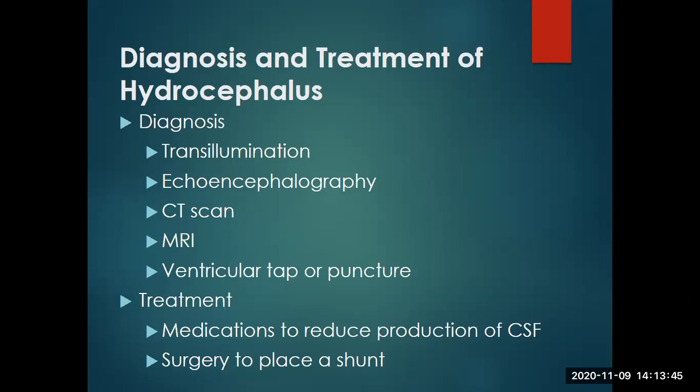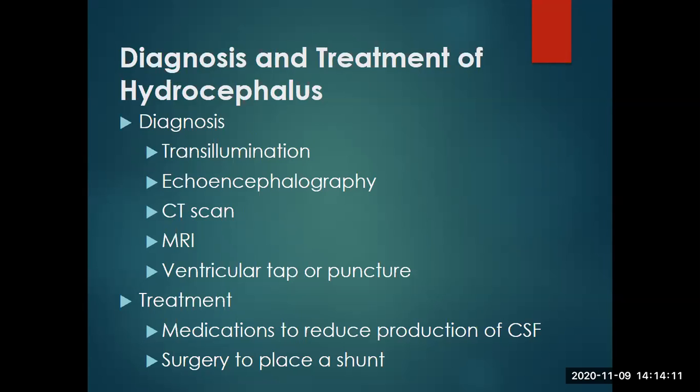But if the physician does attempt a surgery, such as a bypass or a shunt, to drain some of the cerebral spinal fluid, the fluid can be carried to another area of the body, where it's going to be absorbed and then finally excreted.